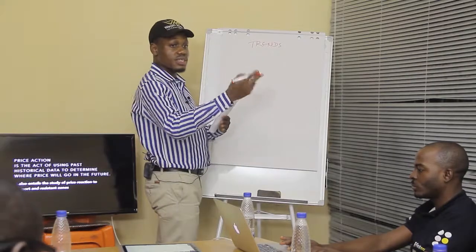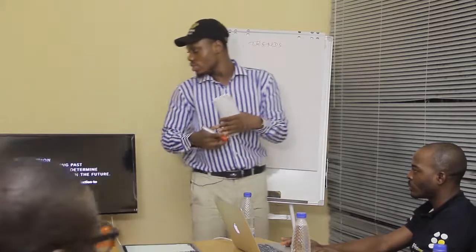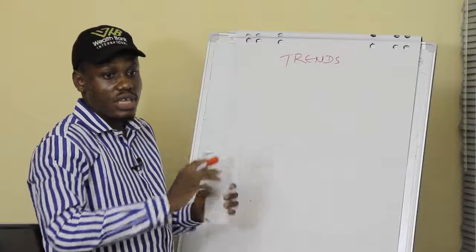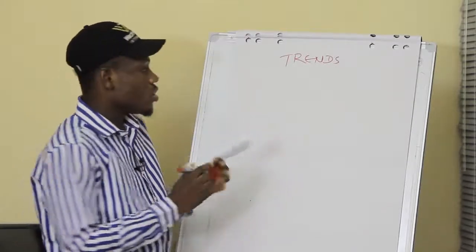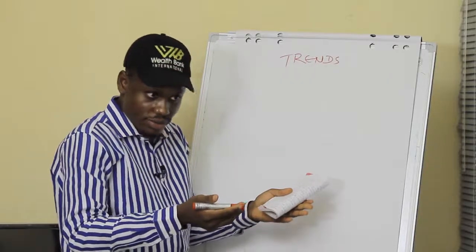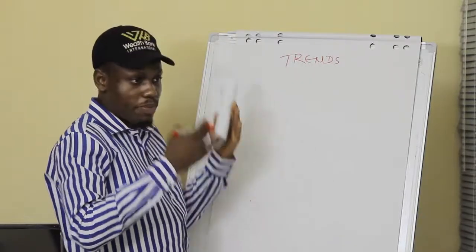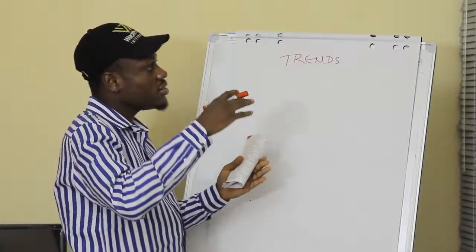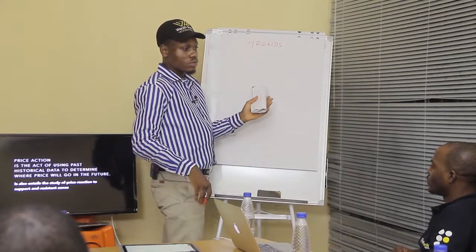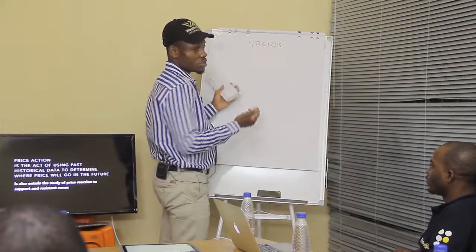If the market is not moving in a certain direction, that market is not trendy. So a trend is a trend when the market is following a particular direction. It can be upward, it can be downward. So that's what the trend is.